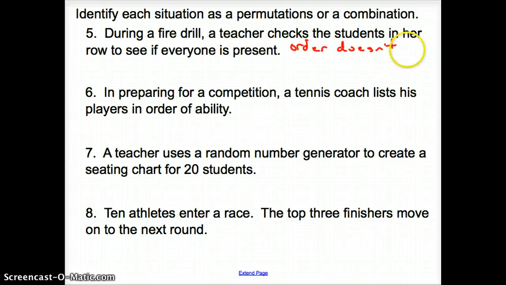So if order doesn't matter, we have a combination. 6, in preparing for a competition, a tennis coach lists his players in order. Here it says order, so we have a permutation.